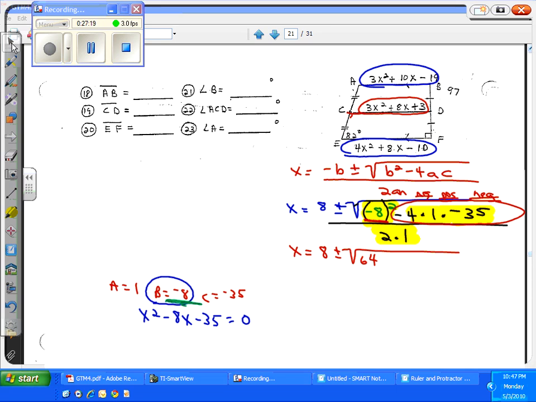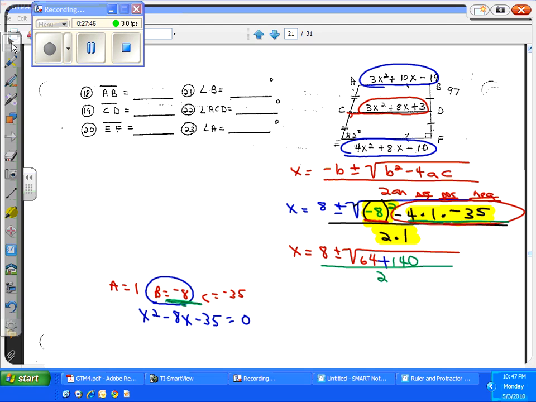When you multiply with an even number of negatives, the answer is positive, so we put a plus. 4 times 1 is 4, and 4 times 35 is 140. All over 2 times 1 is 2.